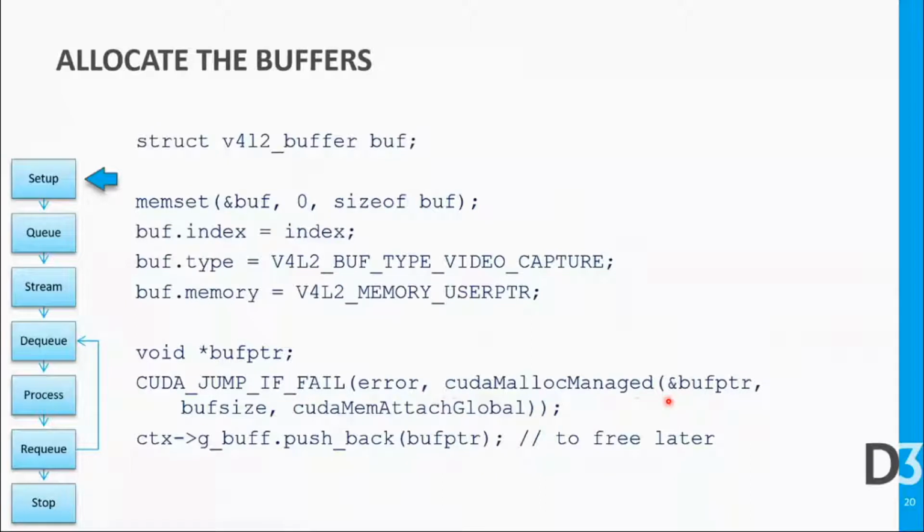This is very different from the way it used to be with discrete GPUs, where they had their own memory, the host had its own memory, and you had to do bus copies to move information back and forth. So we are using cudaMallocManaged to get a pointer that the VI will be able to load image data into, and the GPU will be able to access easily for processing. And that's why we're using user pointer. We stash these away in a vector just so that we can free them all later. Always clean up after yourself.